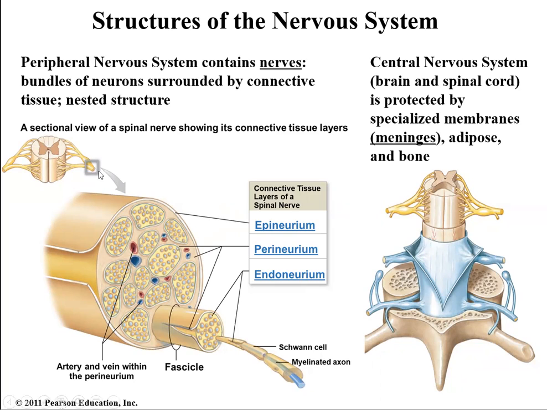Okay, so here, if we were to take a section through the spinal nerve, what we would see is this. The entire spinal nerve is covered by a structure called the epineurium. So again, epi, on top of, and neurium, N-E-U-R, is a root for nervous tissue or neuron. And so this is a membrane that is all the way on top of the entire nerve.